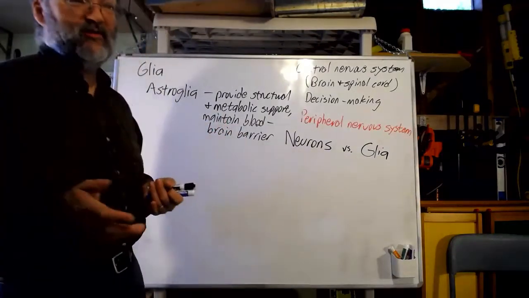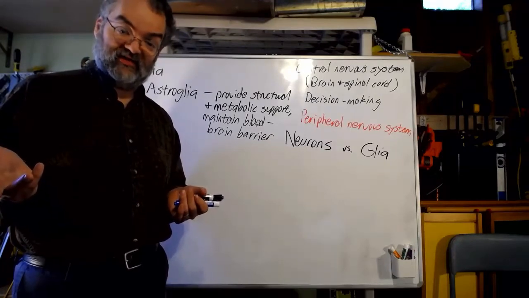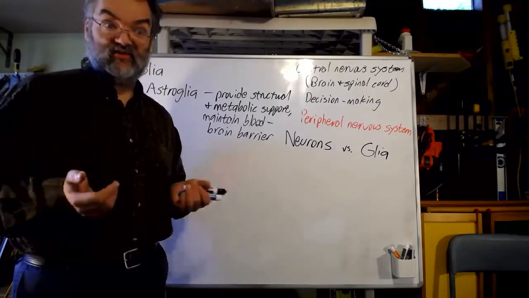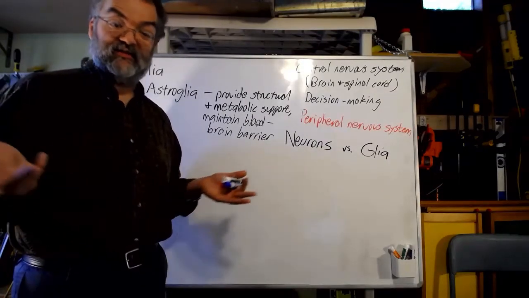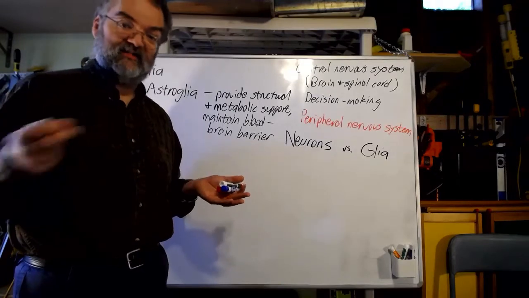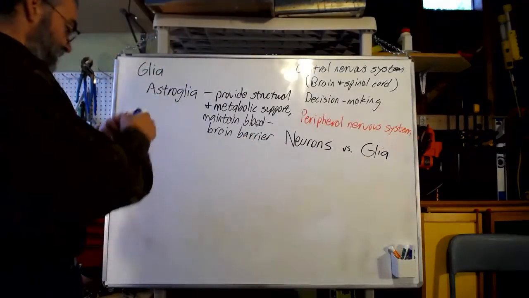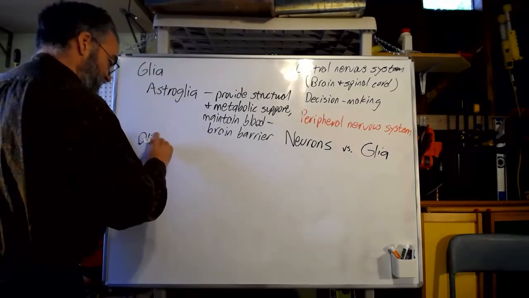It's actually one of the reasons why it can be difficult to deliver pharmaceuticals to nerve tissue, because the blood-brain barrier doesn't let a lot of things through, even things which we would want to get through because they would help us. A lot of chemotherapy drugs, for example, don't easily pass through the blood-brain barrier. So, some interesting stuff there. Okay, other ones. Oligodendrocytes, great name.